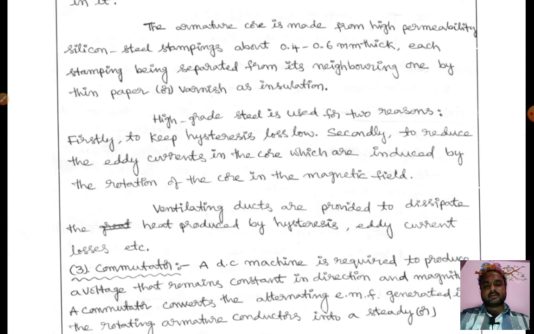First, to keep hysteresis loss low. Secondly, to reduce eddy currents in the core, which are induced by the rotation of the core in the magnetic field. Ventilating ducts are provided to dissipate the heat produced by hysteresis and eddy current losses.